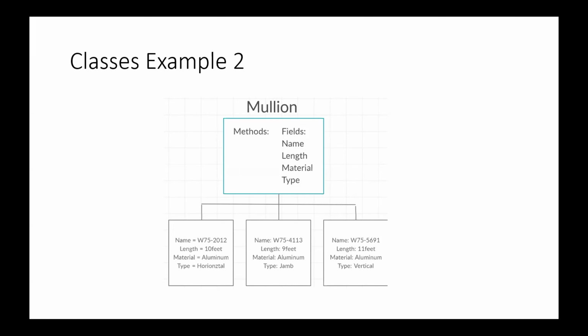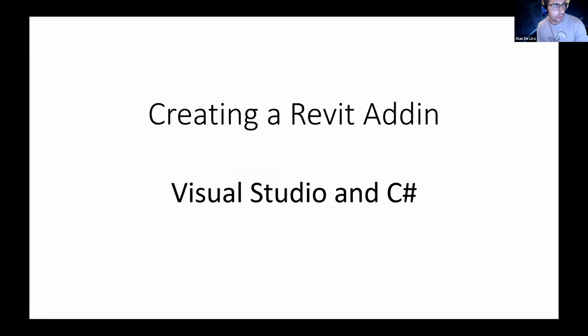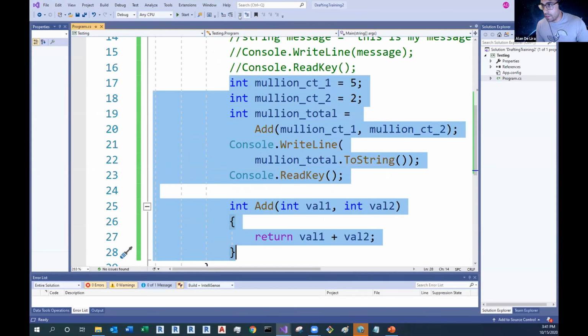Okay. I think after this, we are actually going to create our own class. So again, we're going to slide back to Visual Studio. We're going to comment out these lines.